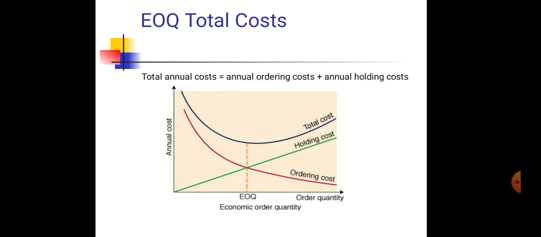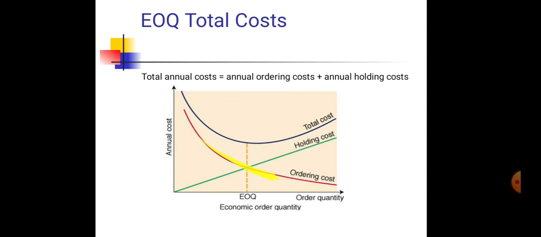If you order more of particular items, the number of orders will be less, so the ordering cost will be less, but there is an increase in holding cost. So there is a nature of curve you can find.